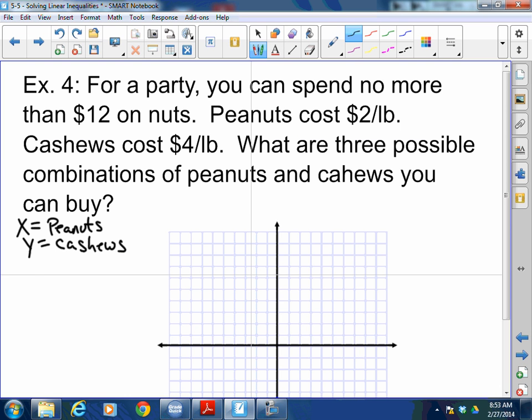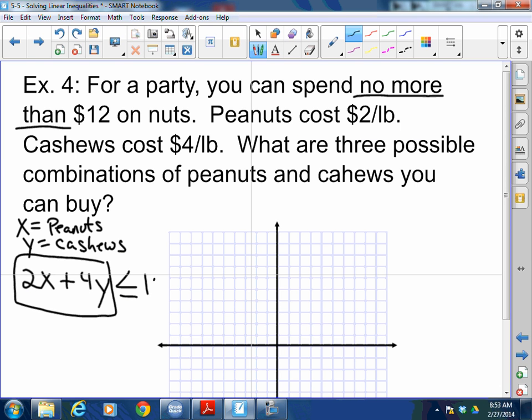They said it's $2 per peanut X plus $4 per peanut for cashews Y. But you can spend no more than, say it out loud and proud, less than or equal to. This total has to be less than or equal to $12 because it's no more than 12. Does that make sense? Yes.